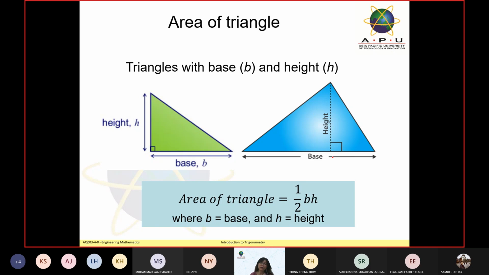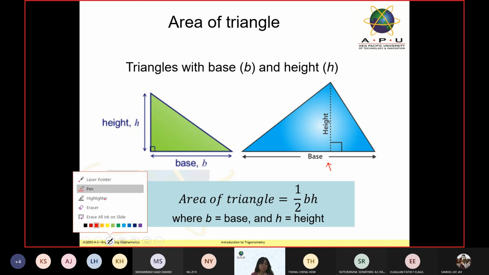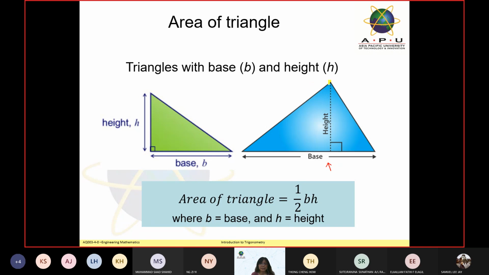But how about the area of triangles like the one that we have here? When you look at this triangle, this is not a right angle triangle. I'm referring to the whole triangle. None of the angles is 90 degrees. So how are we going to solve the area of the triangle?